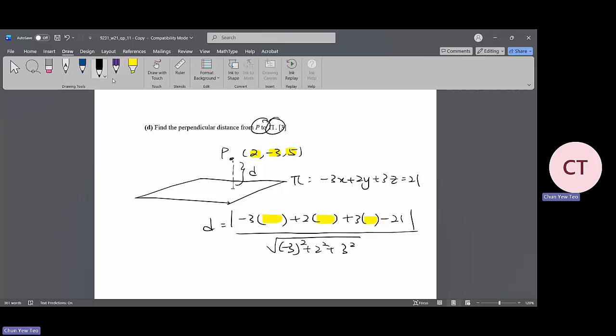We just need to put in 2, -3, and 5 and use a calculator to simplify it. You get 18 over the square root of 22, or you can give the answer in decimal places, 3 significant figures. That will be your answer. So this will be the answer for question number 5D.